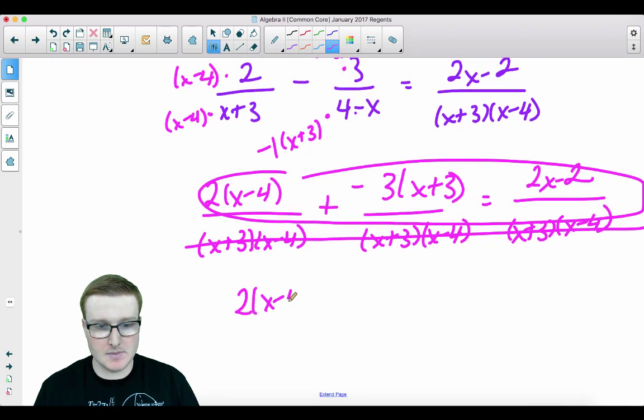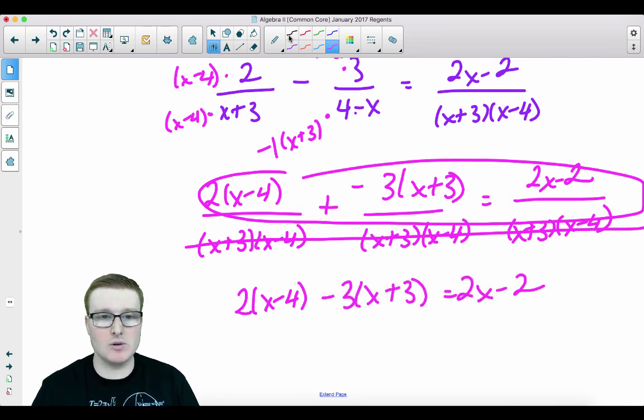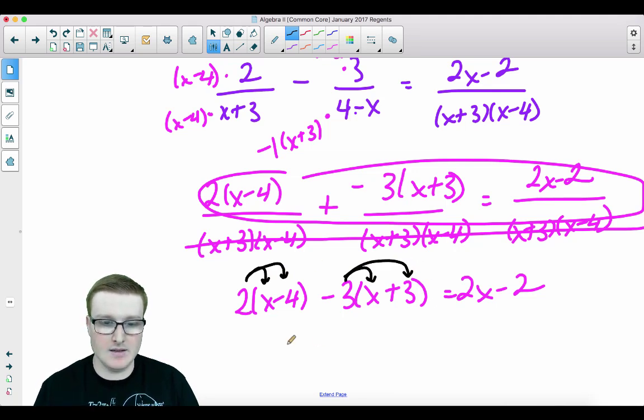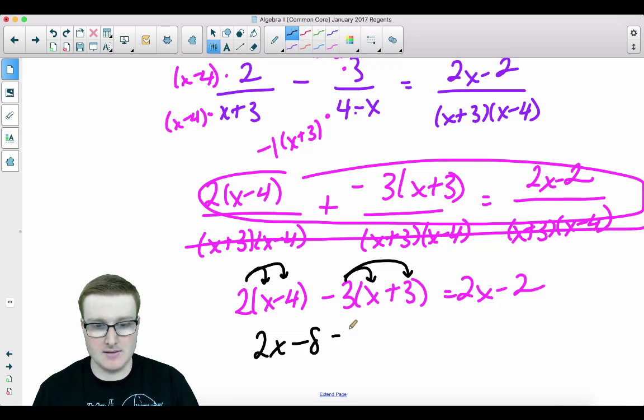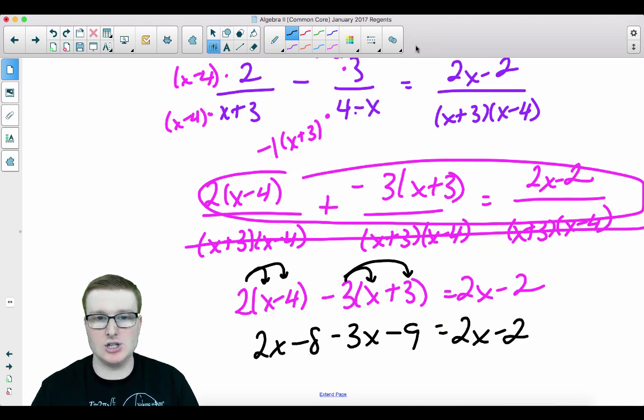So we get 2 times x minus 4 minus 3 times x plus 3 equals 2x minus 2. I'm going to distribute on in. Okay, so we get 2x minus 8 minus 3x minus 9 equals 2x minus 2.